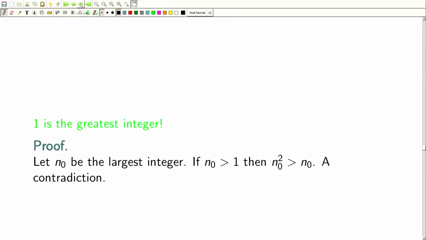Among all the numbers, suppose I assume that n naught is the largest integer, then if n naught is greater than 1, n naught square is again an integer which is strictly greater than n naught, which is a contradiction. So that is the flaw in Steiner's argument, that he had tacitly assumed that such a curve exists.